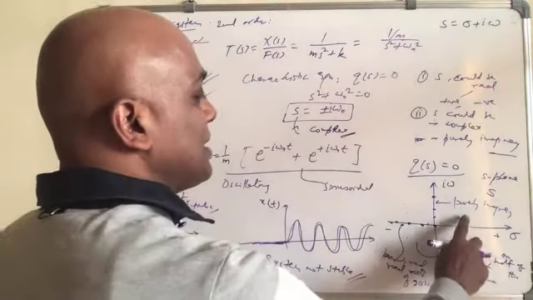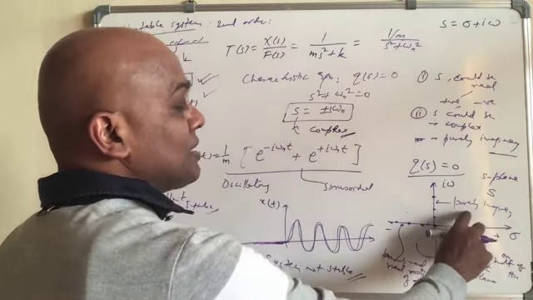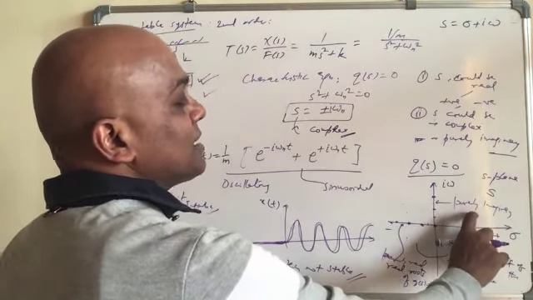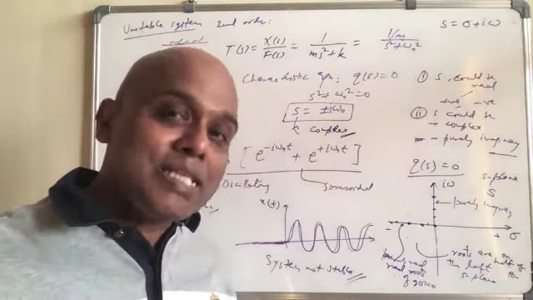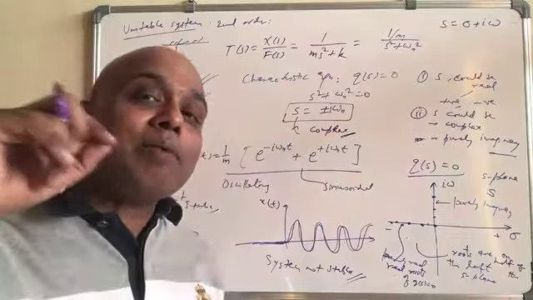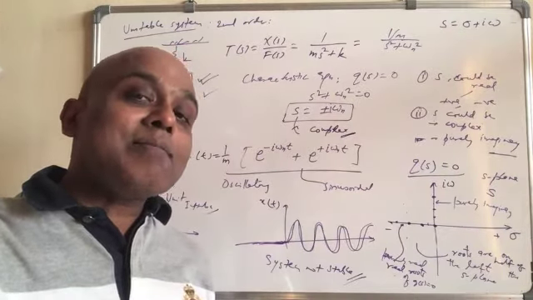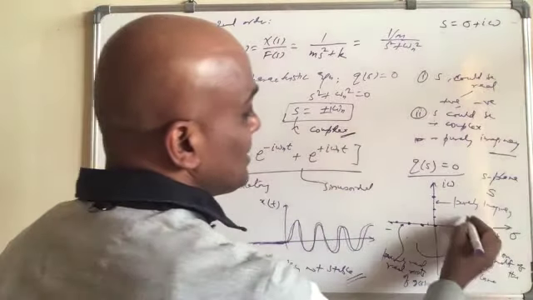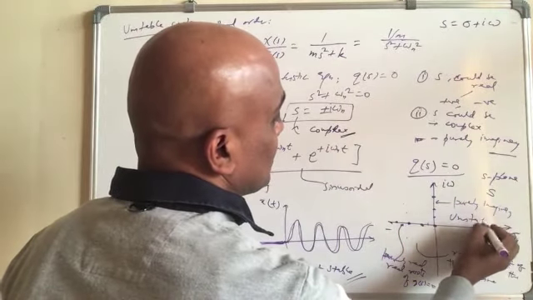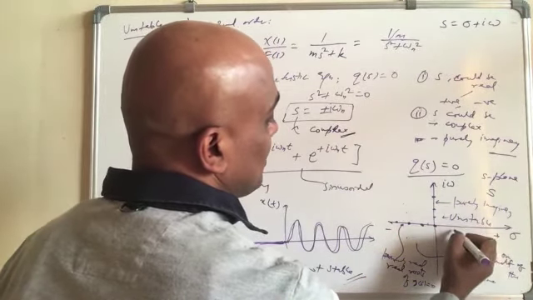So if s is positive, if the root is positive, it will be this side, and hence the value of c(t) will be e to the power of a positive number times t, and hence the value will keep on increasing, so it will be unstable. So this side it is unstable. Unstable here, unstable here.